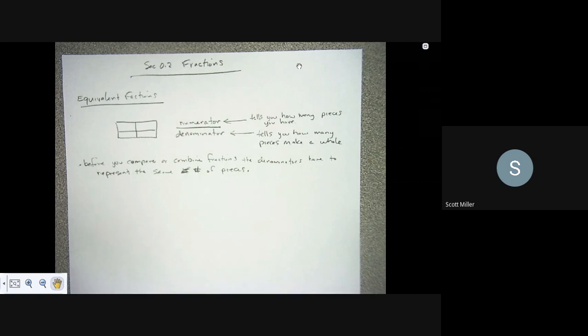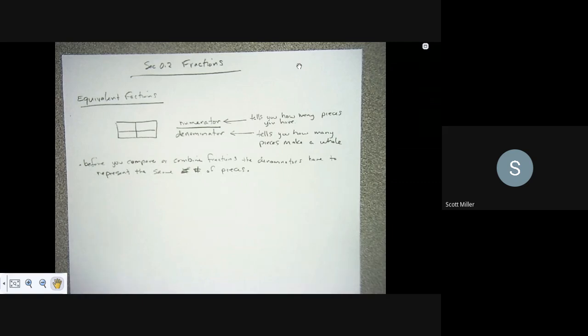Once you understand the pizza analogy, if I have 1 slice out of 3 on a large pizza, well, that slice is pretty large. And if I have a large pizza that I cut into 20 slices, all of you really instinctively understand that that's a smaller slice, correct? So which one's bigger? Well, the 1/3 is bigger, correct? 1 piece out of 3 is more than 1 piece out of 20, right?